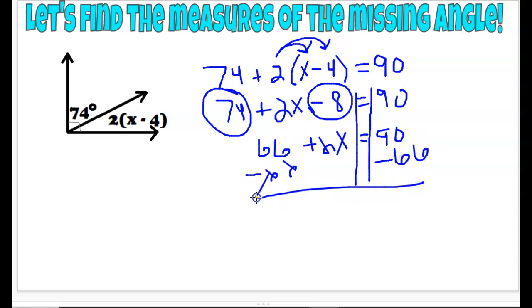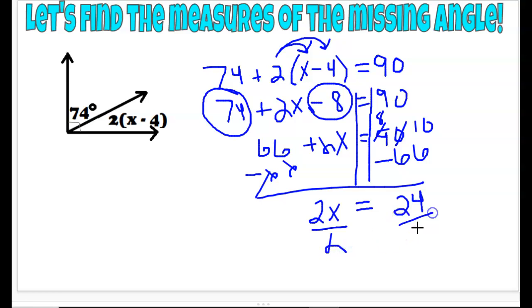And when I get that done, I have 2x equals 90 minus 66, which should give me, well, let's just check this to make sure I'm doing this right. I'm borrowing. 10 minus 6 is 4. 8 minus 6 is 2. Now I'm dividing both sides by 2. And x gives me 12.